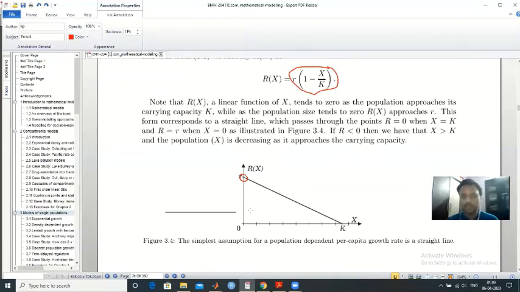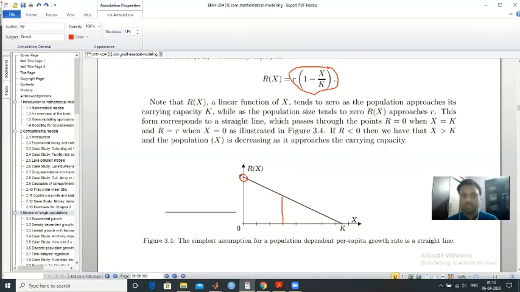Between these points, from 0 to K, you can check this is a straight line. So Rx represents this type of dynamics.